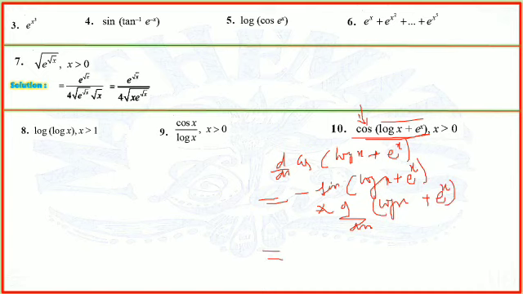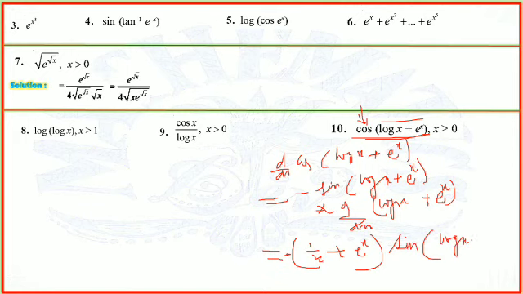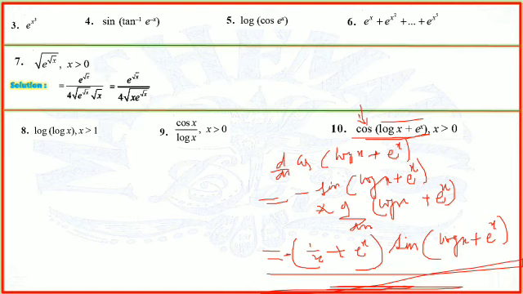Now finally I am writing this first. The derivative of log x is 1 upon x plus the derivative of exponential x is as it is, exponential x, into this one. So minus, I am putting outside this minus, and here it is sine of log x plus exponential x. That's all about the solution of question number 10.